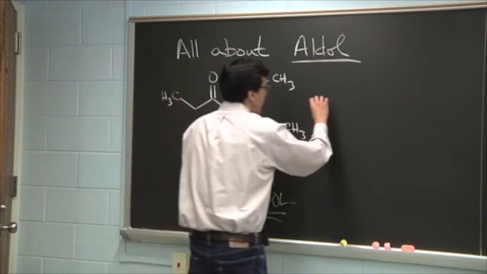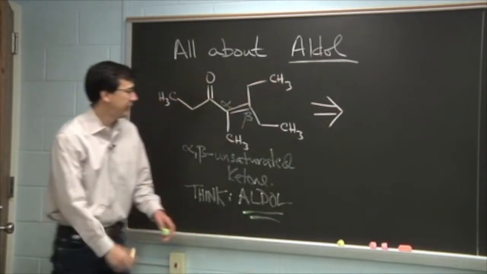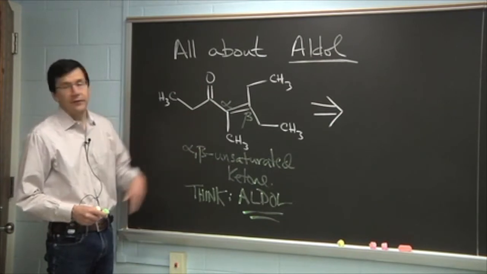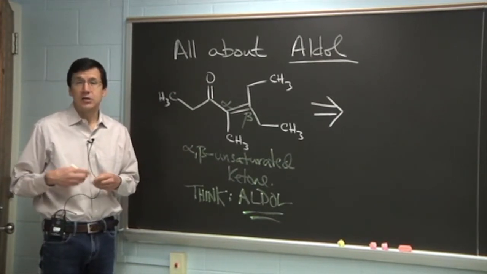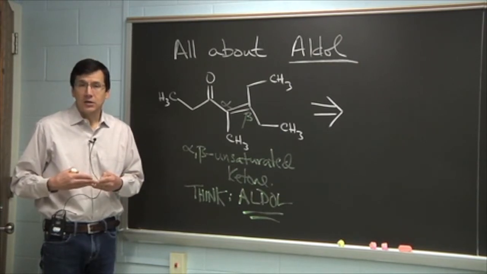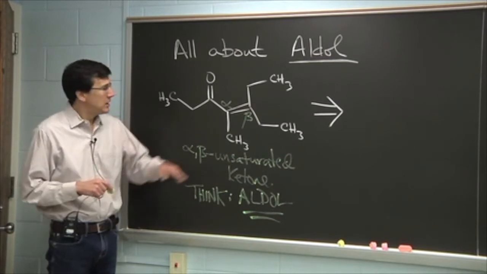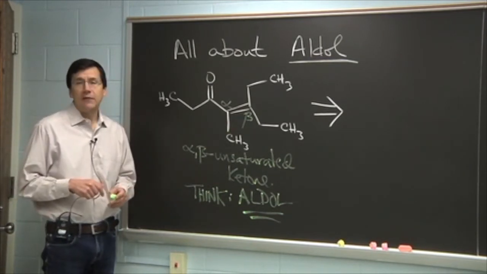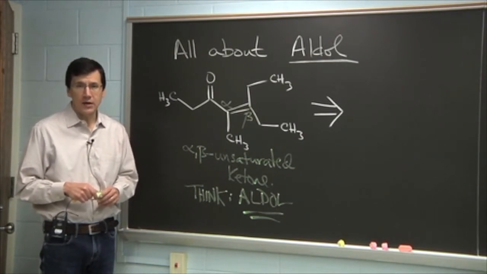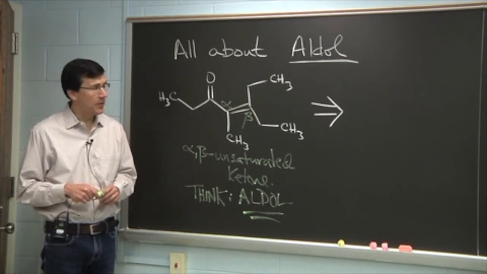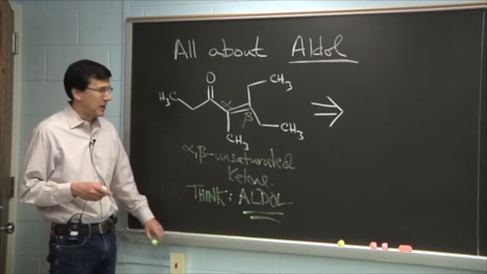So the question for you is, do a retrosynthetic analysis on this alpha-beta unsaturated ketone and see if you can break it down ultimately into two components that will carry out an aldol reaction with each other to give this alpha-beta unsaturated ketone. Go ahead and try to do that in a step-by-step manner. Press pause, give it a try, and then come back and check your work.